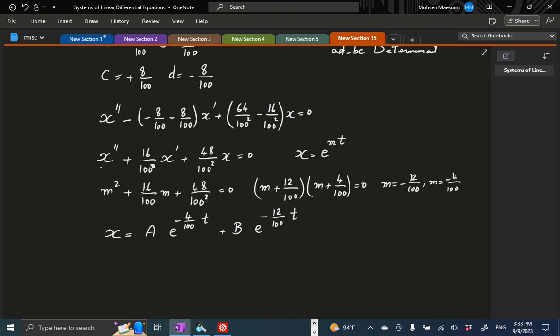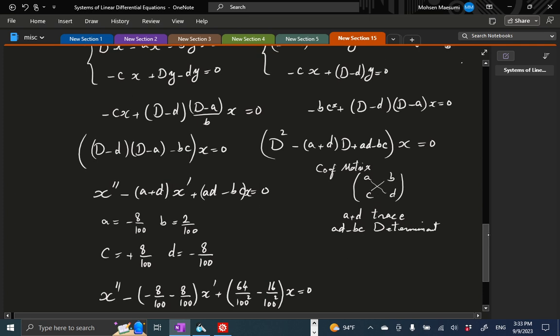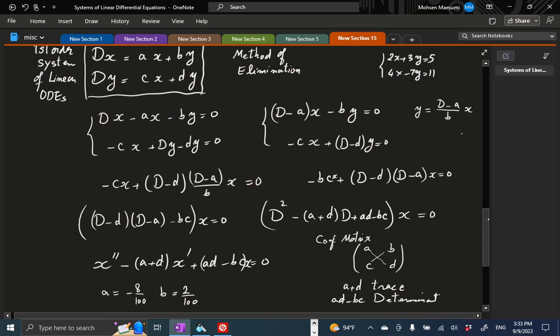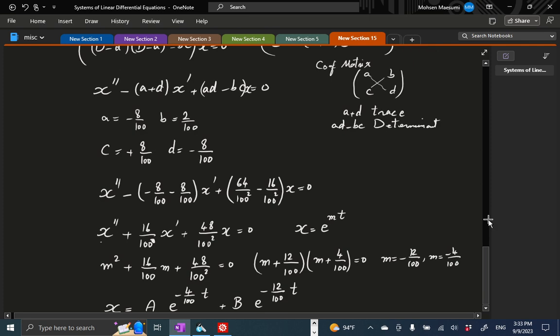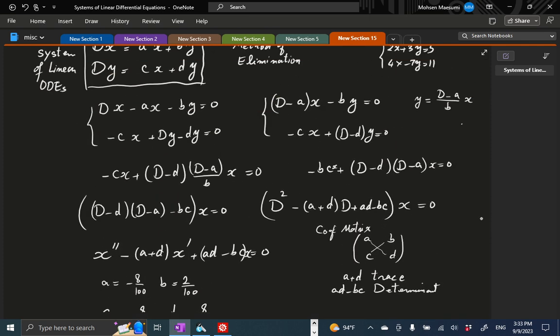But before we get there, we better clarify the situation for y. Just the same way I canceled the y in these equations, I could have canceled the x's and ended up with exactly the same equation for y, meaning x and y are both solutions of the same differential equation.